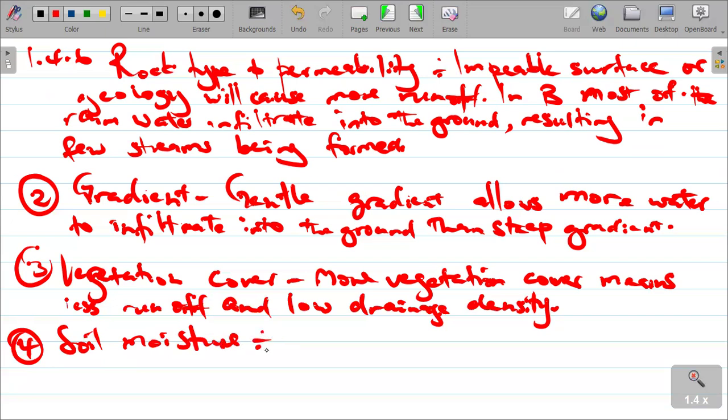Soil moisture. Saturated soils promote high drainage density, as more water cannot easily infiltrate into the ground.